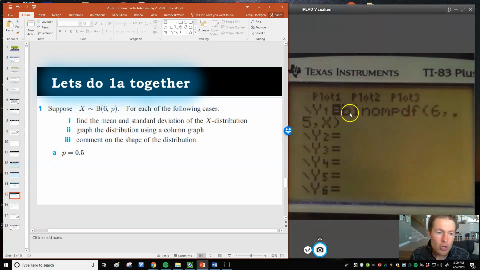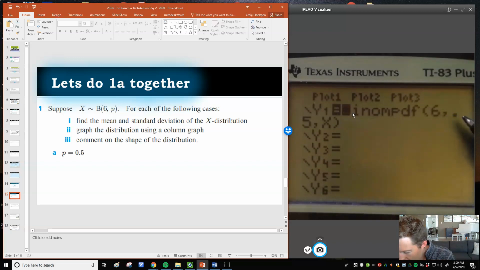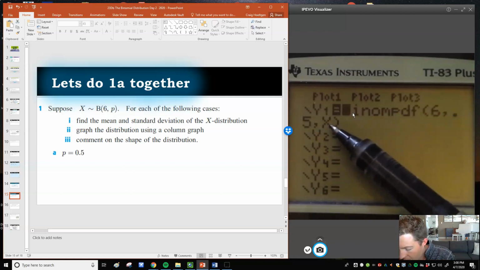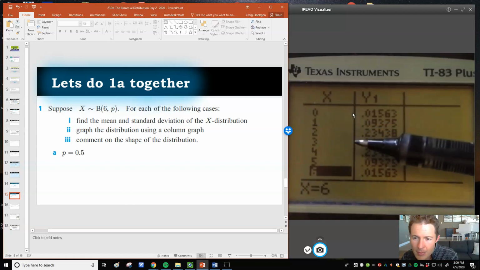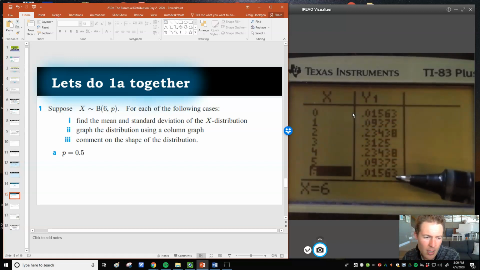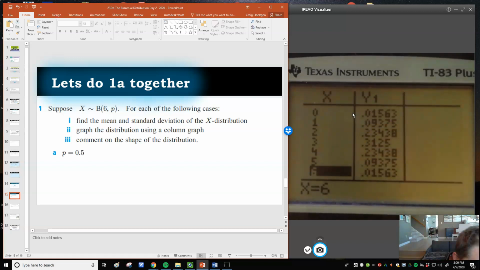So here we want to know the probability of it equaling exact values. So I'm using binomial PDF in my calculator. The number of trials is 6, our probability is 0.5, and our outcome is unknown, so we leave it as x. We can look at the table here, and here it tells me the probability of 0 is that, probability of 1 is that, probability of 2 is that, and so forth. Those are all the associated probabilities for each of those.